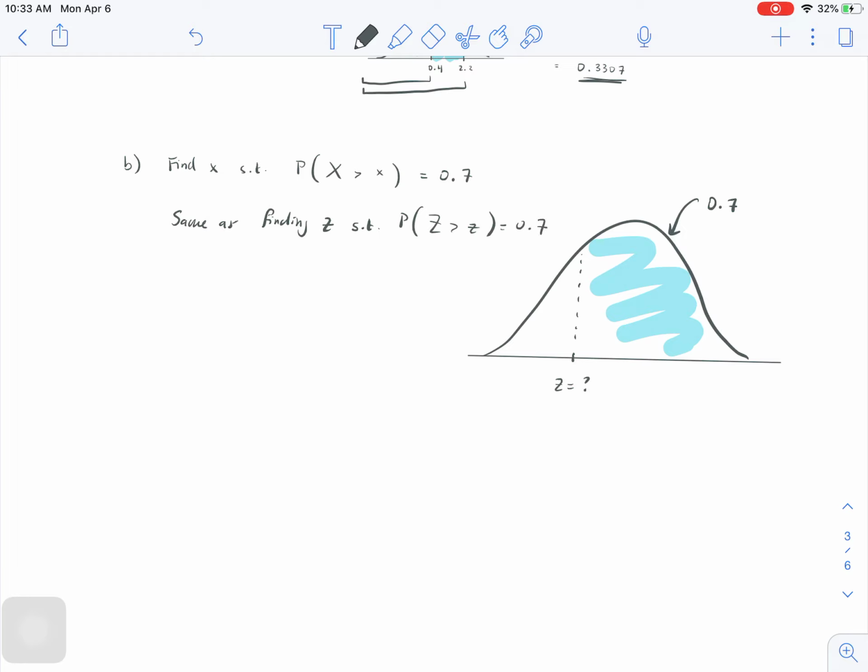So I know the area to the right is 0.7. That's the same thing as saying that the area to the left is 1 minus 0.7, which is 0.3.